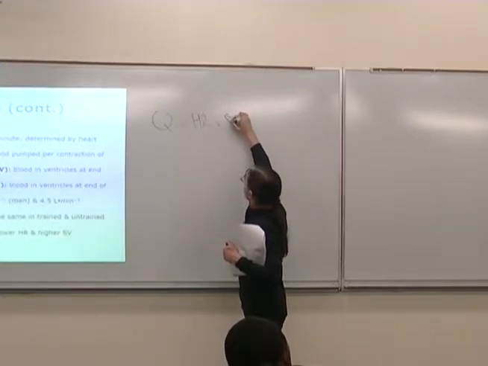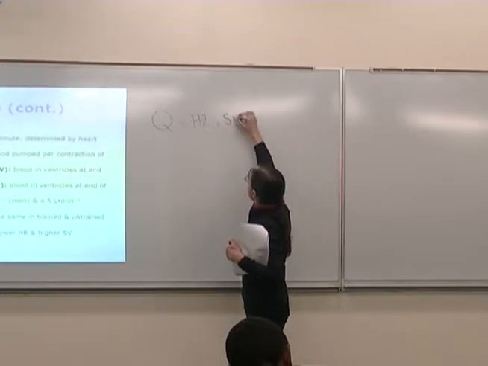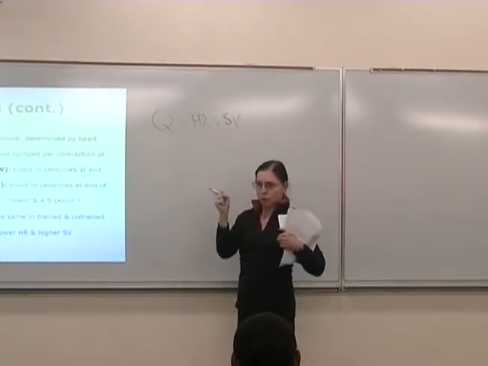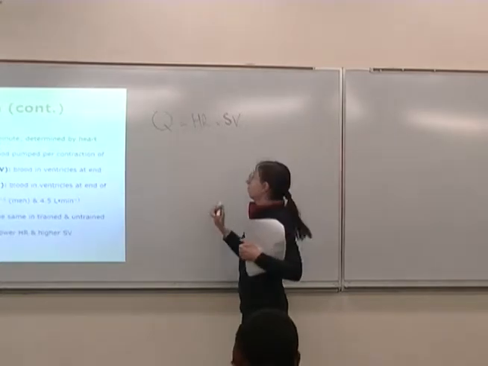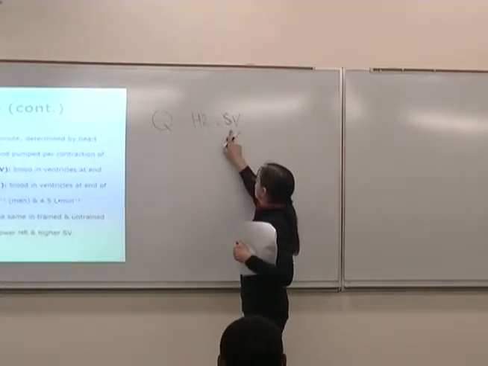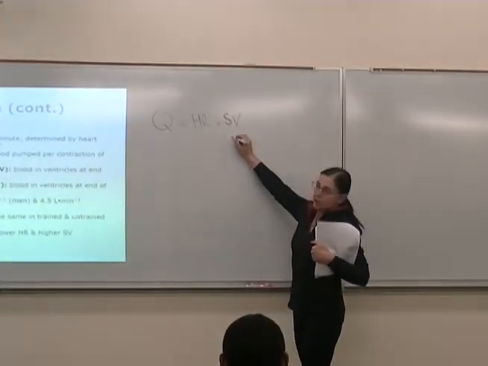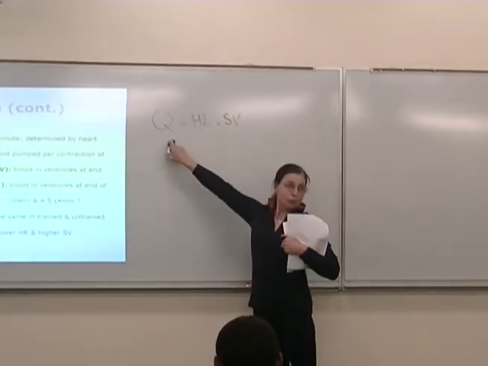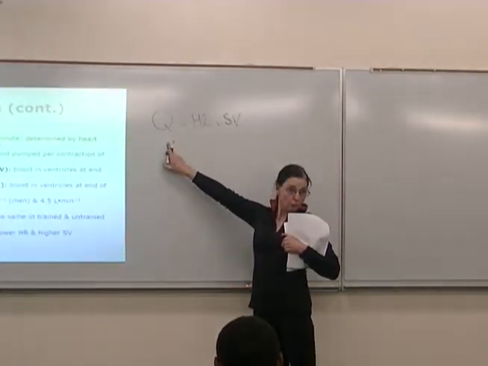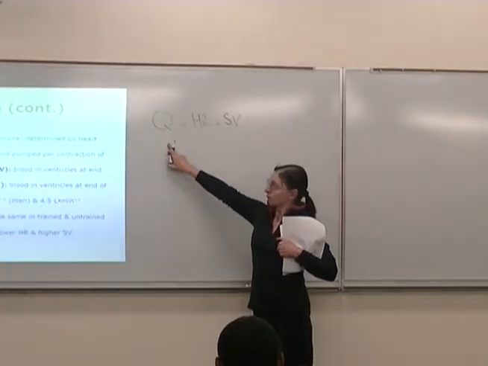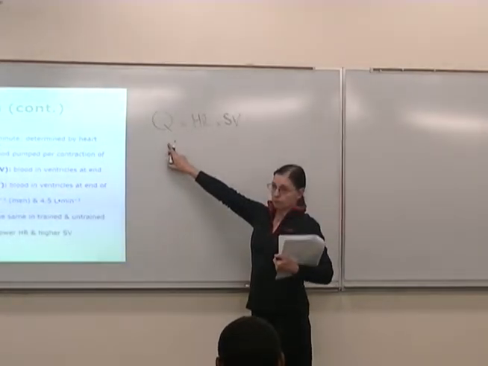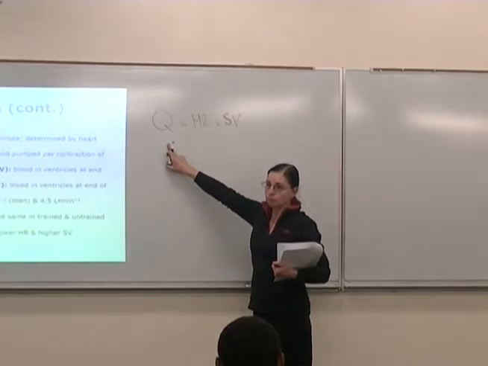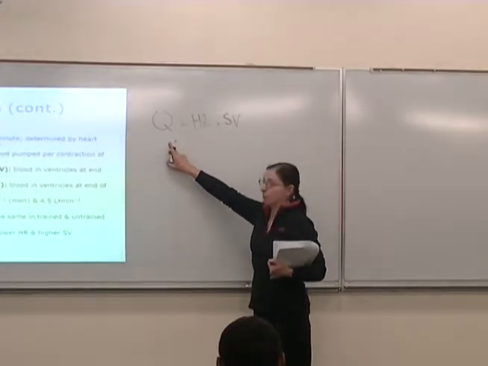Stroke volume is how much blood is ejected per squish, per contraction. So per beat, blood per beat, beats per minute gives me blood per minute. Q stands for cardiac output.